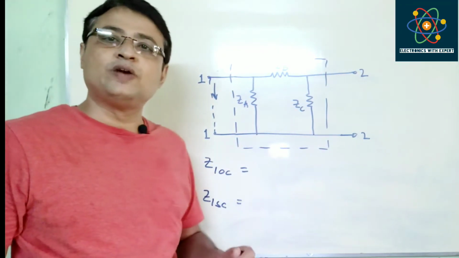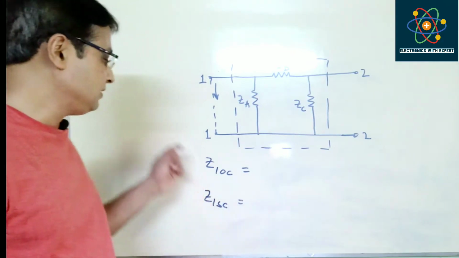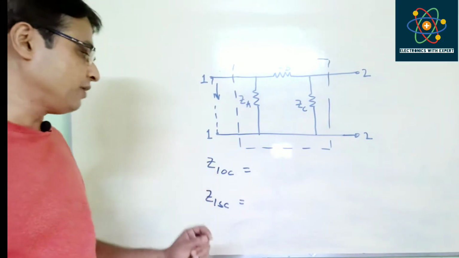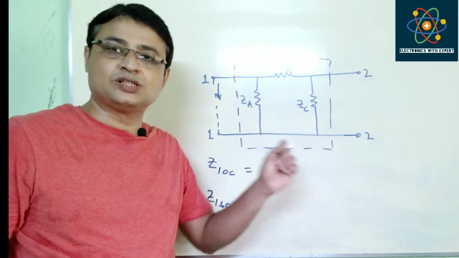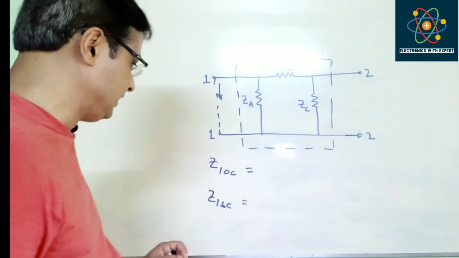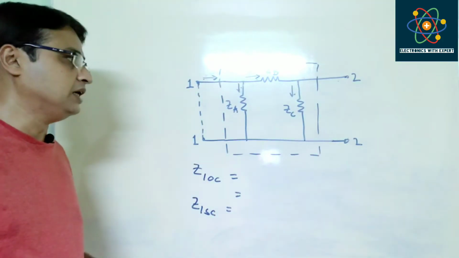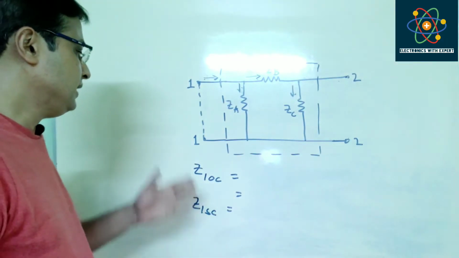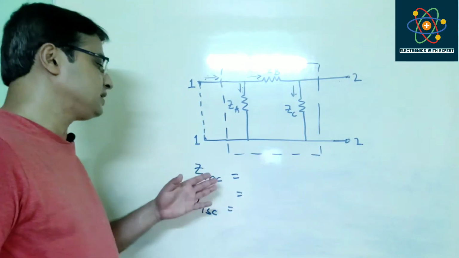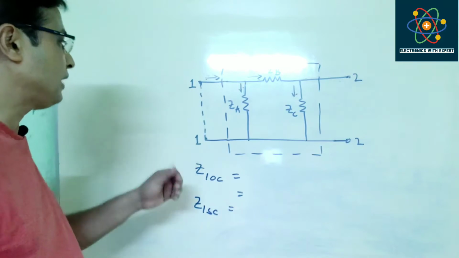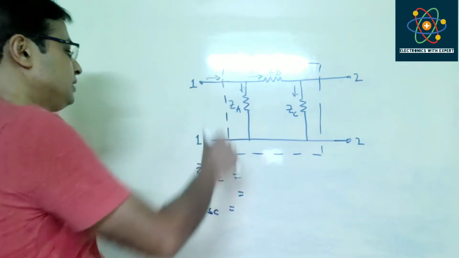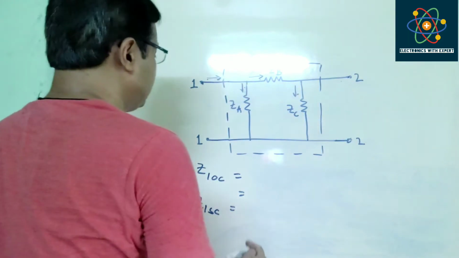Here also we are going to deduce four parameters, that is Z1OC, Z1SC, Z2OC and Z2SC. Let's calculate Z1OC first. Z1OC is the impedance we have to find along the 1, 1 terminals, making the 2, 2 terminals open circuited.